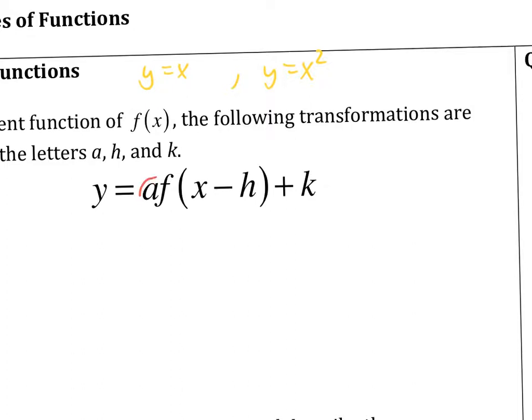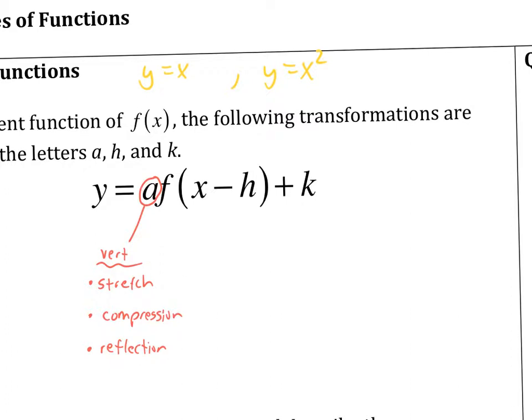The a here in the front does multiple things. Number one, it is always vertical. It's either a stretch or a compression. At the same time, it could also be a reflection, a flip.